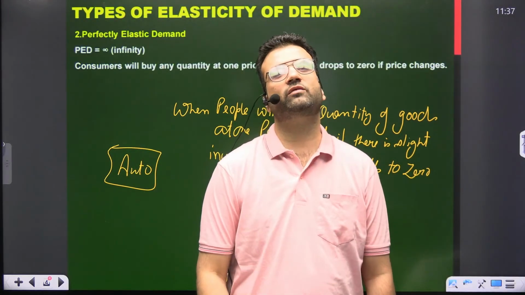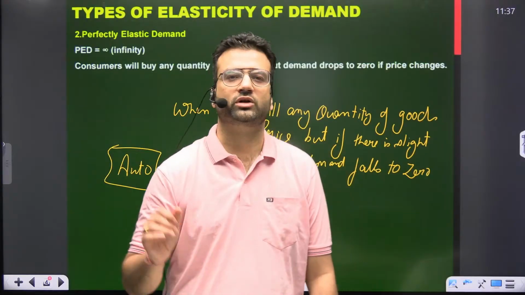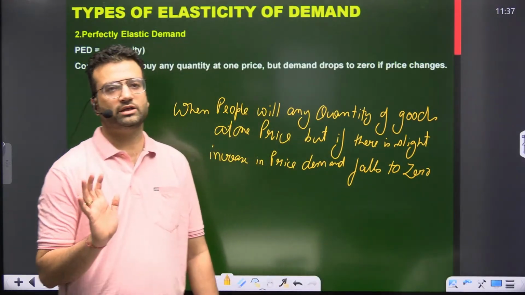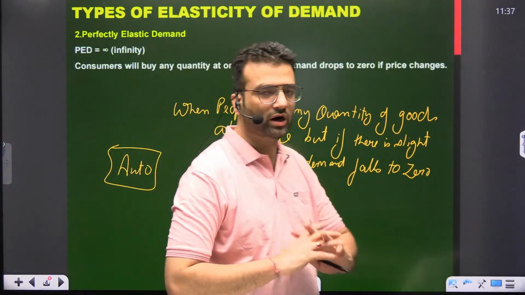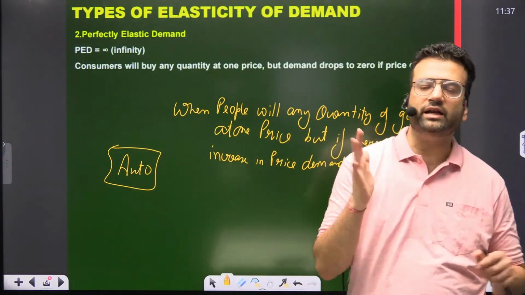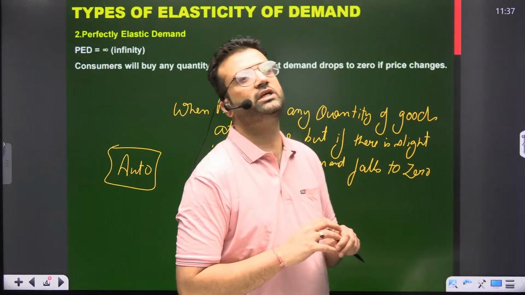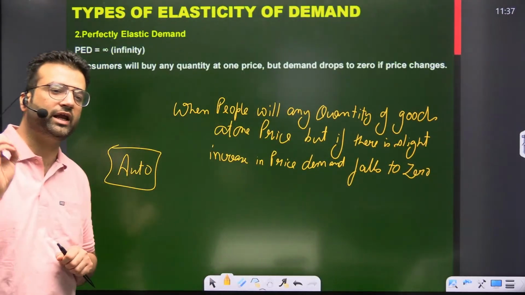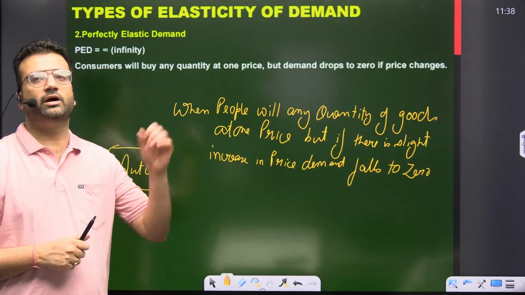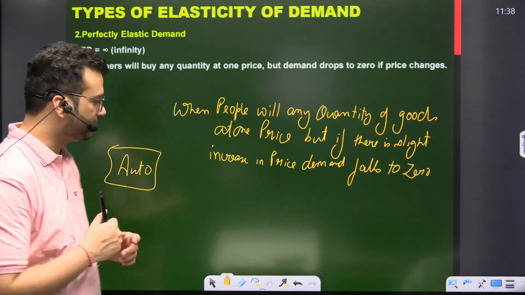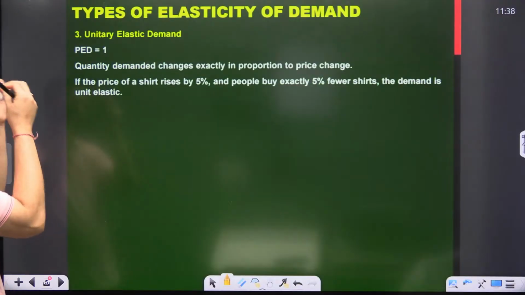But shop Z will say 7000. So next time I will not go to that place. So here the quantity demanded is n number of times because there are a number of sellers, but if any one seller increases the price slightly, demand falls to zero. This is perfectly elastic demand.